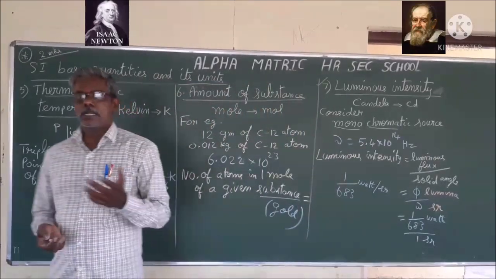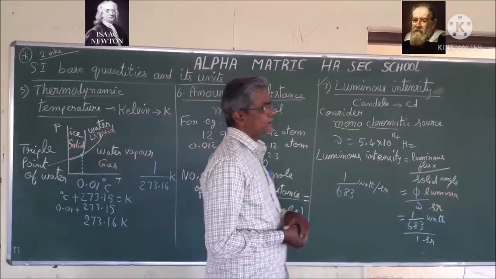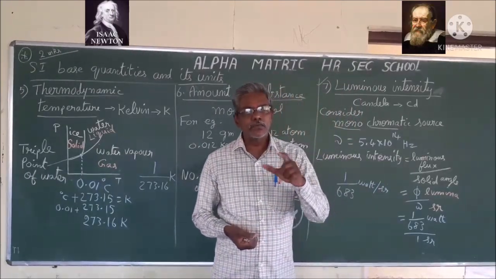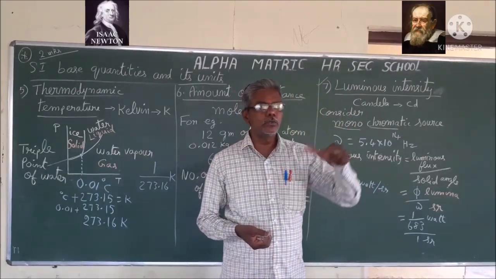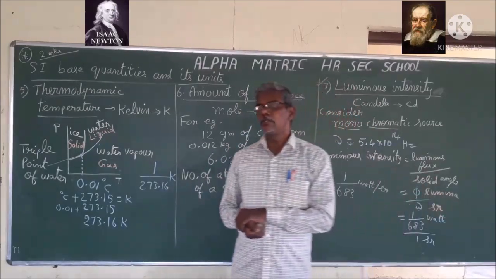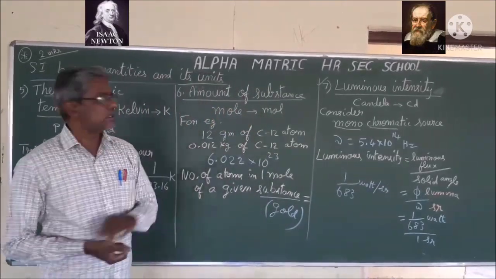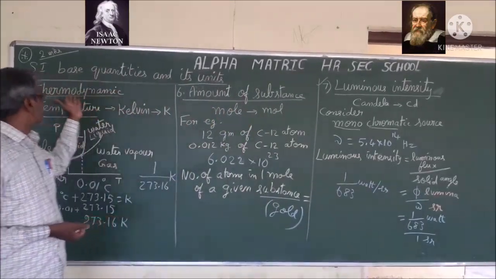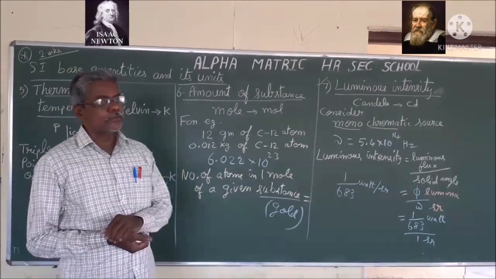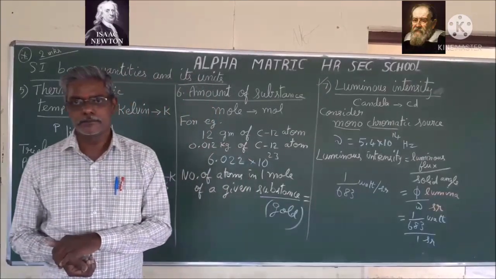Then we studied about electric current, ampere, symbol A. The attractive force between two parallel conductors is 2 into 10 power minus 7 Newton per meter. Next, we discussed thermodynamic temperature. The unit for temperature is Kelvin, symbol K.